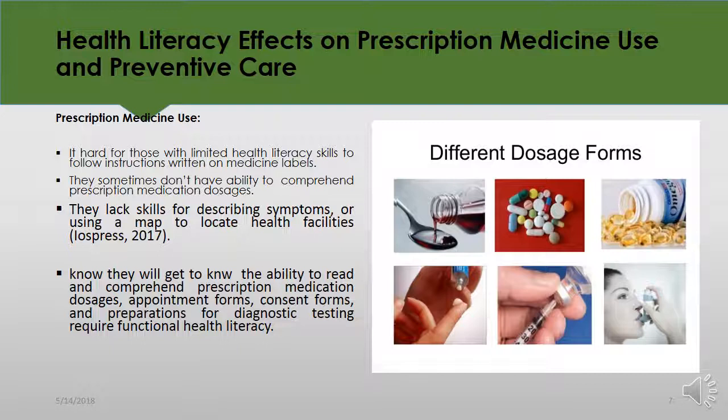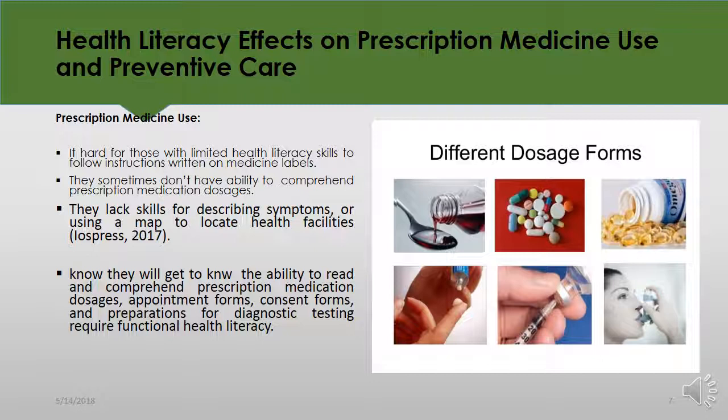It means they lack skills for describing symptoms or using a map to locate health facilities. And again, they will get the ability to read and comprehend prescription medication. They will know about appointment forms, like consent forms, and preparation for diagnostic testing that require functional health literacy.